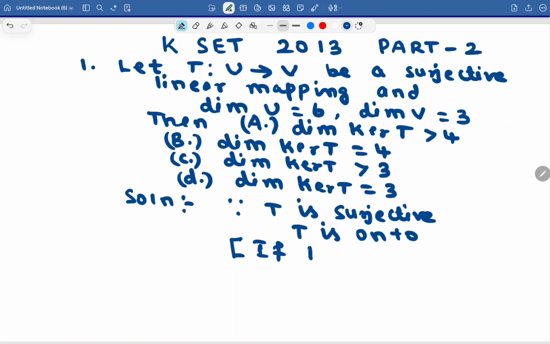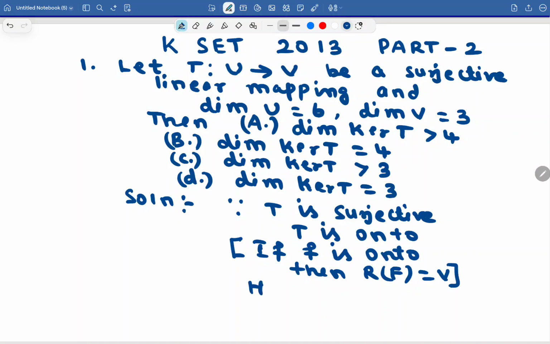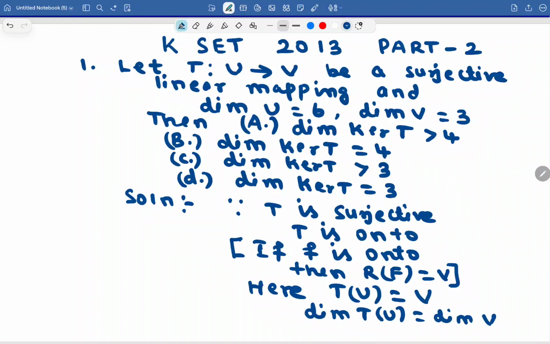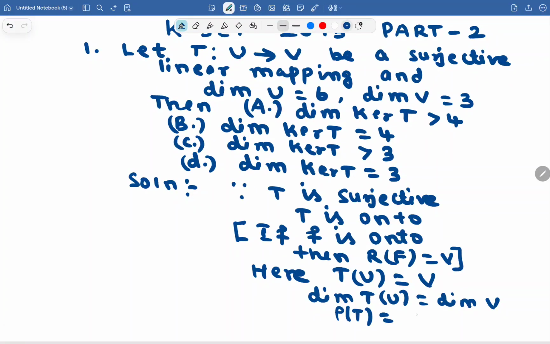If map F is an onto map, then range of F is equivalent to V. Here range of F is T of U which is equivalent to V, so dimension of T of U is equivalent to dimension of V. Dimension of T of U means rank of T, which is equal to dimension of V. Dimension of V is given as 3.